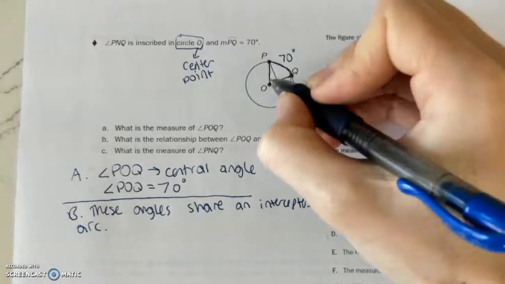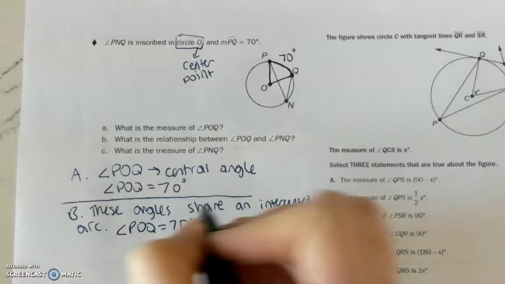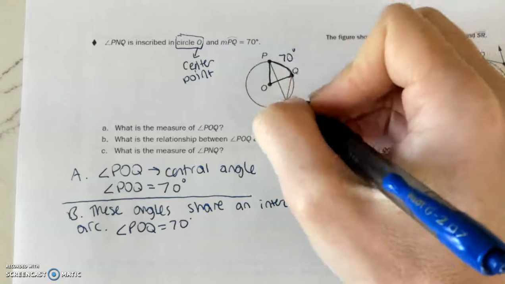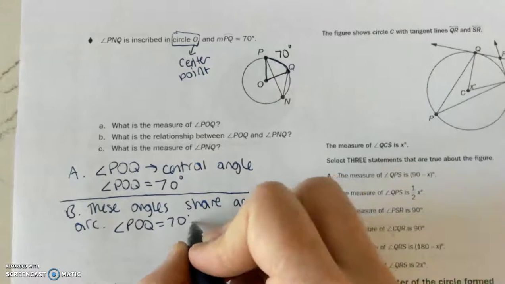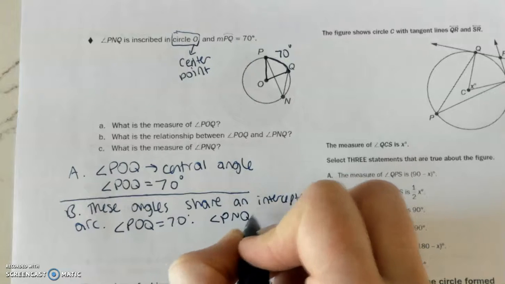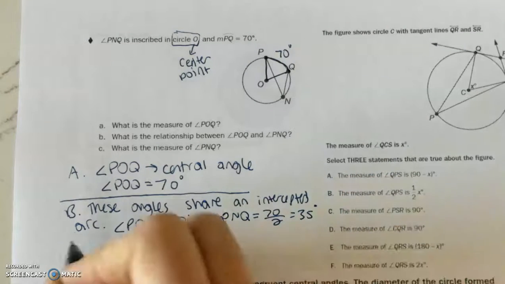So that means angle POQ is 70, and angle PNQ must be half of 70 because it's an inscribed angle, right? So that means PNQ is equal to 70 divided by 2, which is 35.